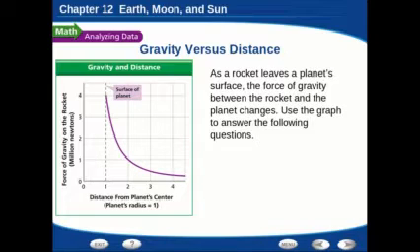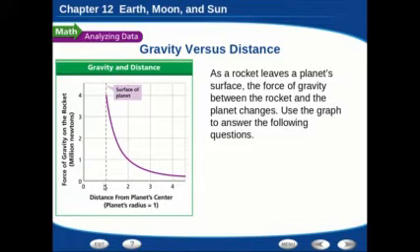So take that distance from the center of the planet to the surface. Now take that same distance and go from the surface of the planet up. That would be 2 radiuses, or 2 radii away from the center of the planet. So when that rocket takes off, it's going to go from the surface to 2 radii away from the center of the planet.